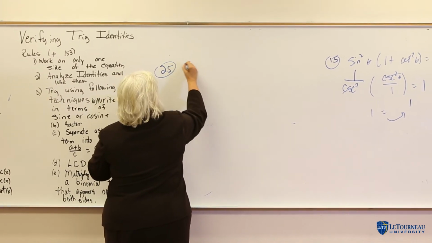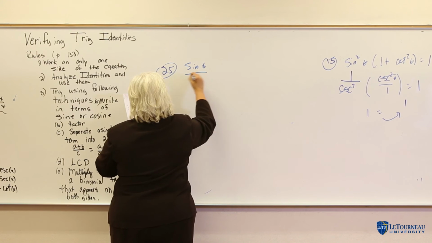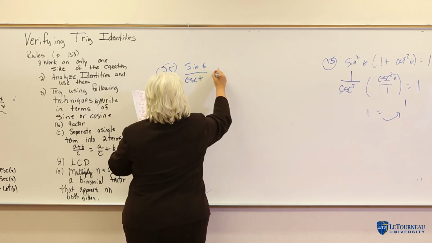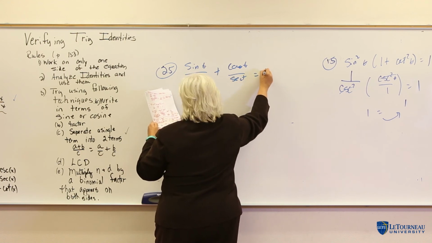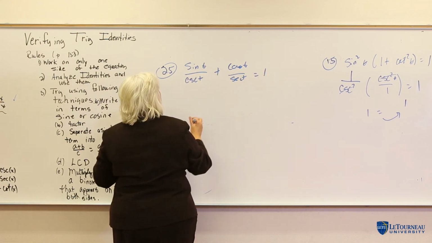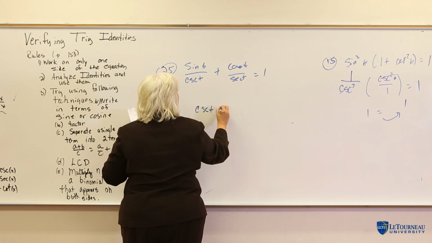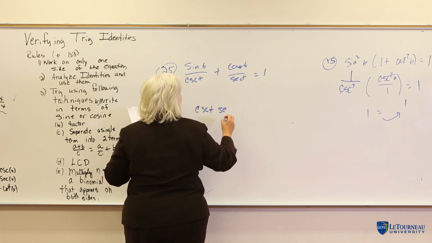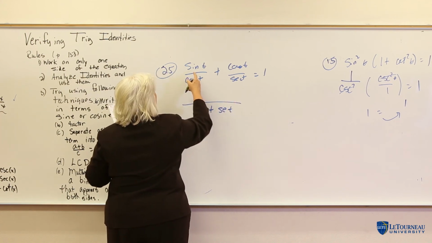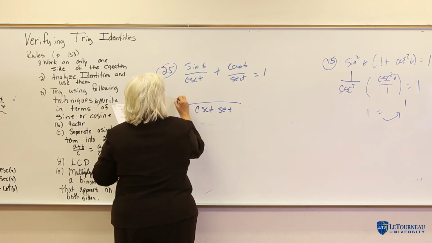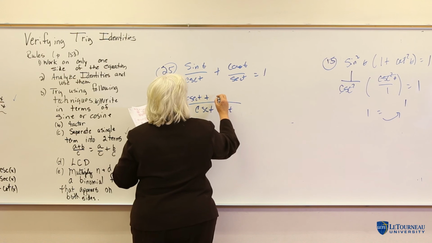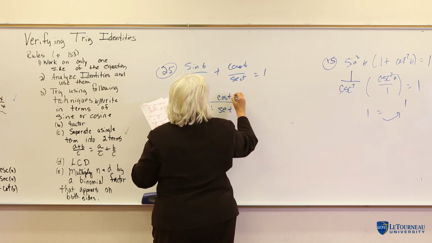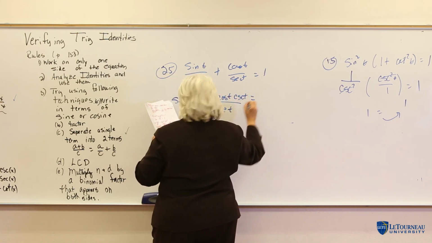(25) Sine t over cosecant t plus cosine t over secant t is equal to 1. So I'm going to get a common denominator again of cosecant t, secant t, which means I'm multiplying this times this, which is sine t, secant t, plus cosine t, cosecant t.